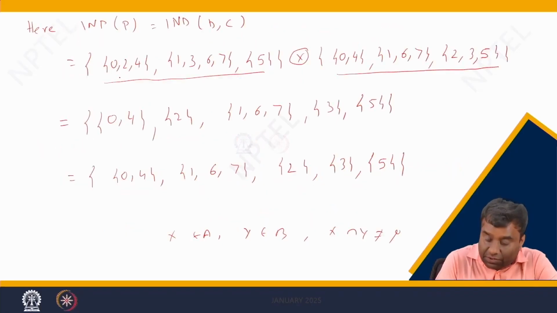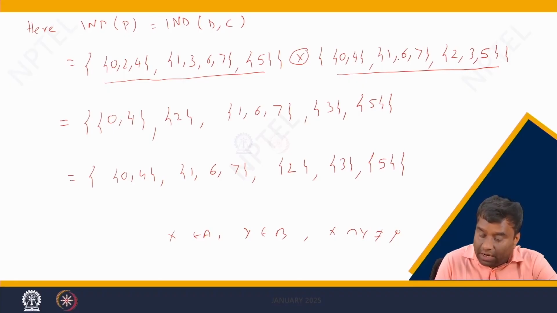So here {0, 2, 4} and {0, 4}: the element is 0, 4. {0, 2, 4} and {1, 6, 7}: nothing. {0, 2, 4} and {2, 3, 5}: intersection is 2. Here {1, 3, 6, 7} with {0, 4}: nothing is there.